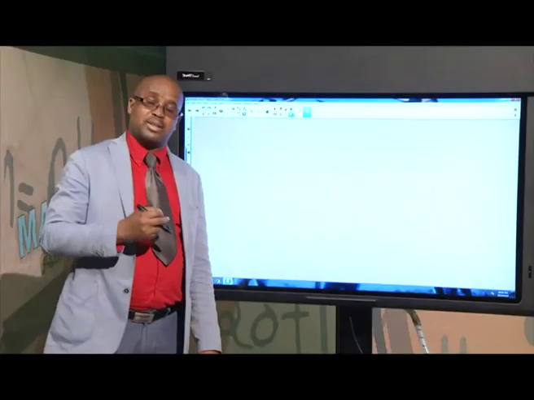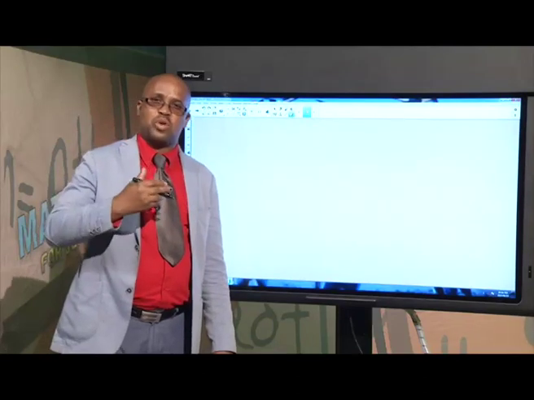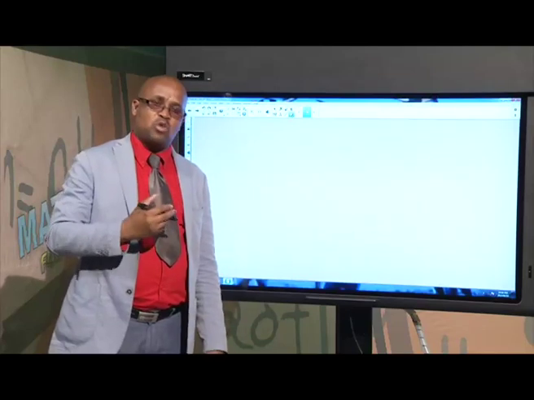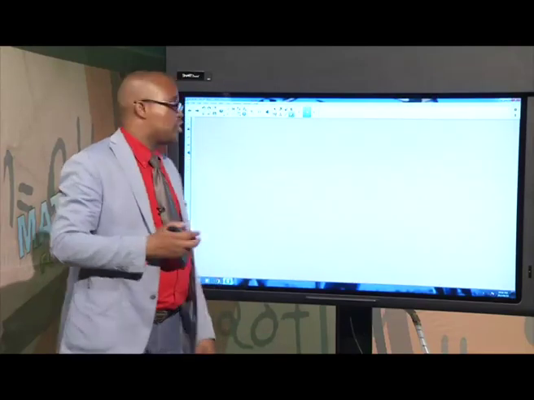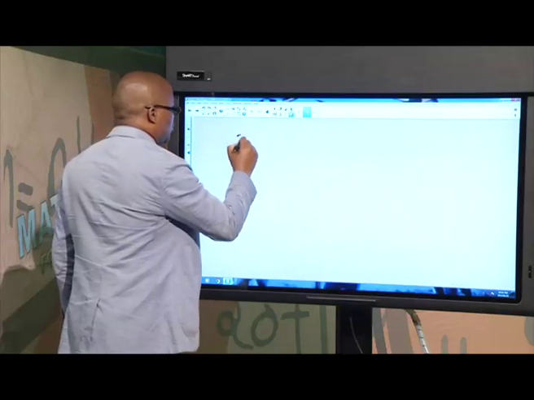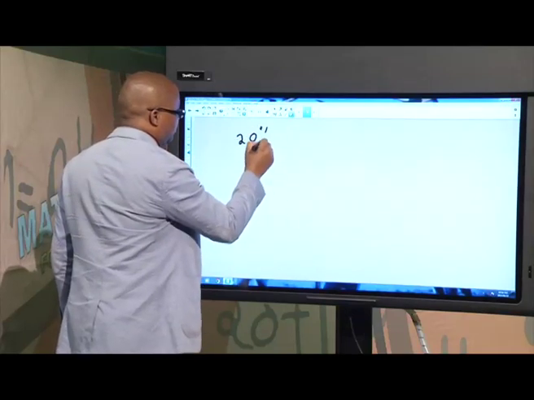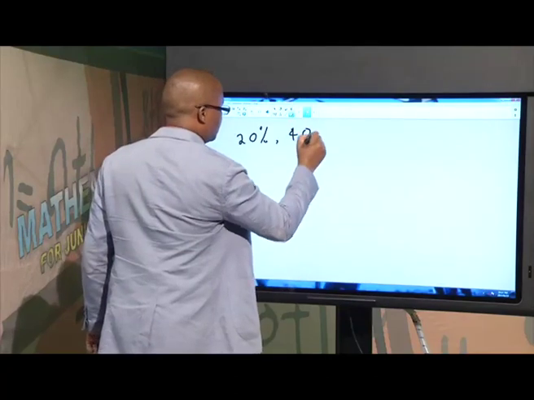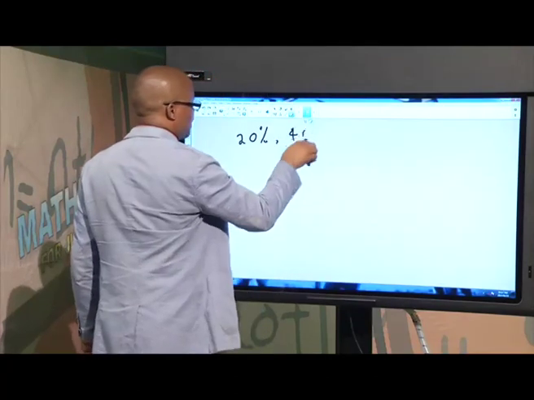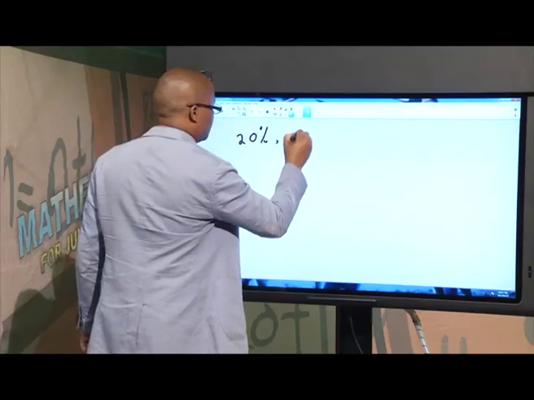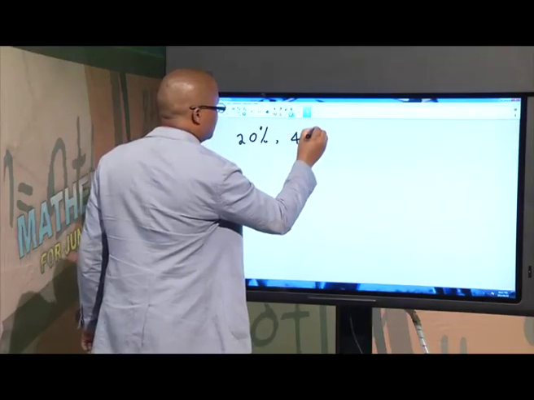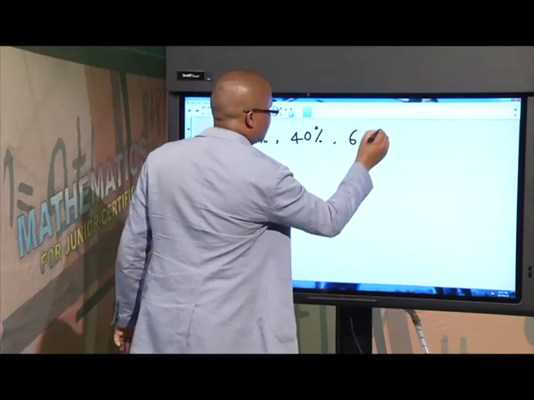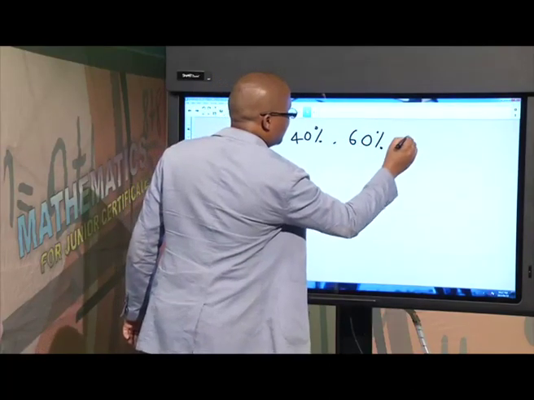Remember, under sequences, you can also have a situation where sequences are presented in a percentage form. And how do we present sequences in a percentage form? We can have 20%, 40%, it's not just 40, but 40%, and then 60%, then 80%.